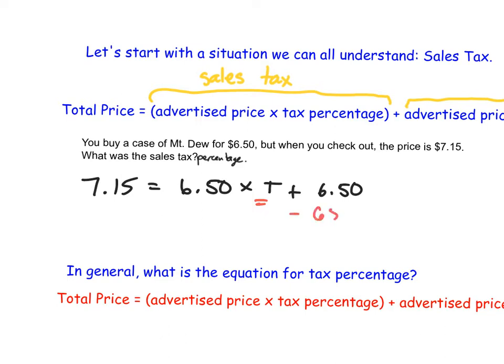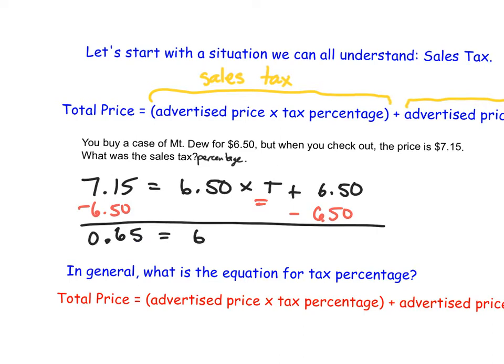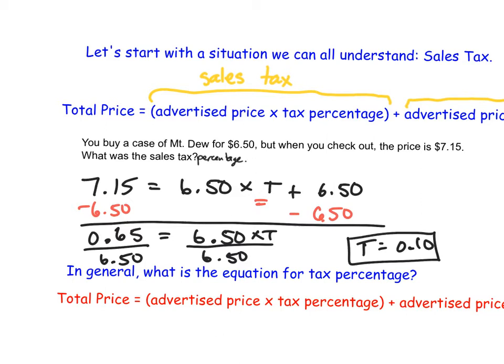So I'm going to subtract 6.50 from both sides, and I get 65 cents, so 0.65 equals 6.50 times T. Then I'm going to divide both sides by 6.50, and I end up with T equals 0.10. So the sales tax is 10%. That's how much it is.